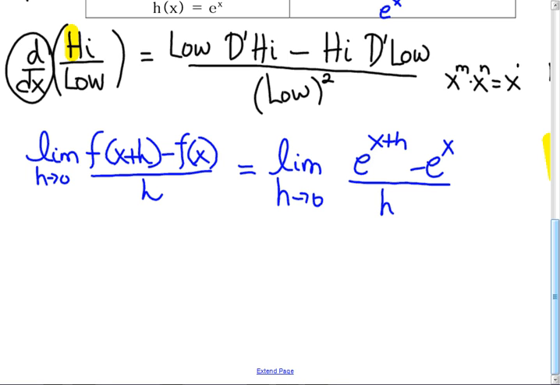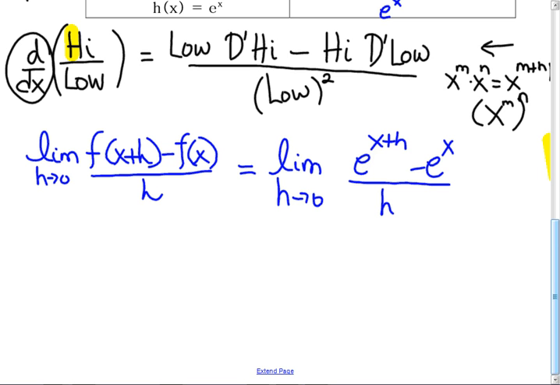X to the m plus n. Well, what if I want to go backwards? If I have x to the m plus n, it's x to the m times x to the n. Not x to the m to the n.